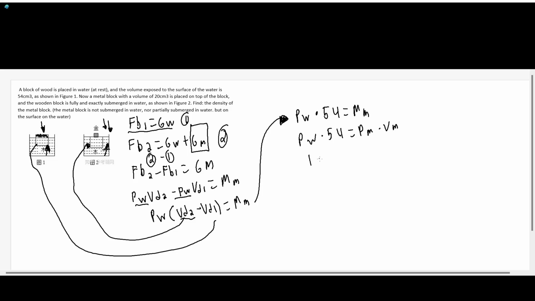So we have 1 times 54 is equal to rho metal times 20. Then we can divide by 20, so 54 over 20 is equal to the density of the metal. So the density of the metal is equal to 2.7 grams per centimeter cubed.